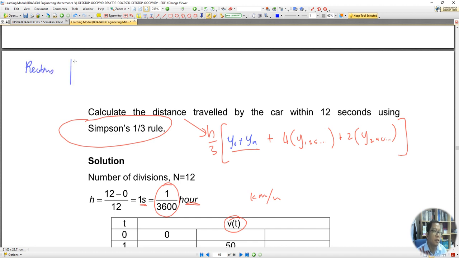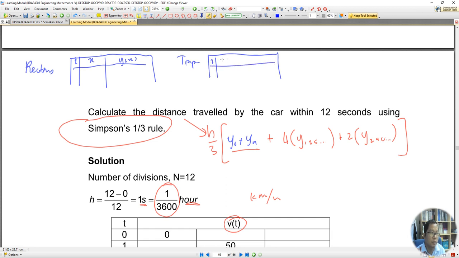Straightforwardly, you can imagine the table like this: there is i, there is x, and then y. For the trapezoidal method, we will have x and i, and then we have y0 and yn, the first and the last, and then the rest.